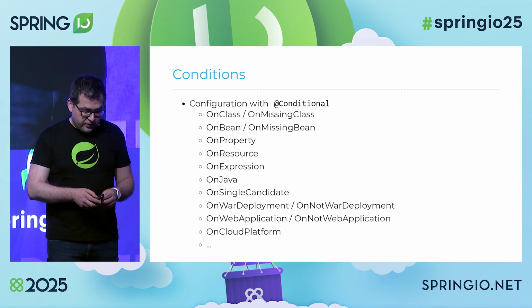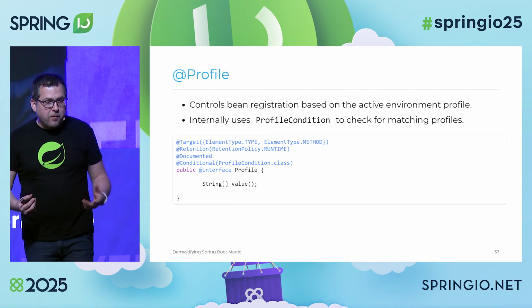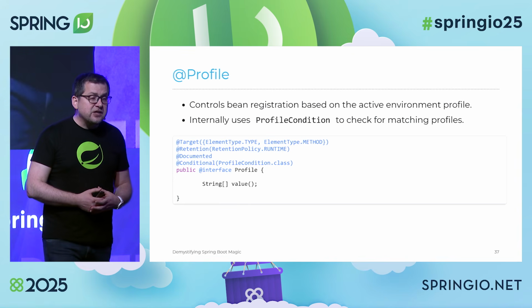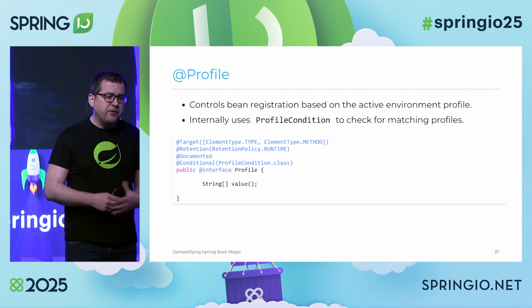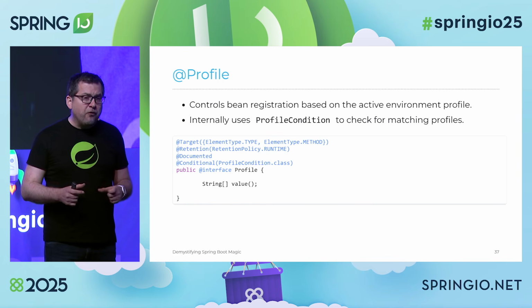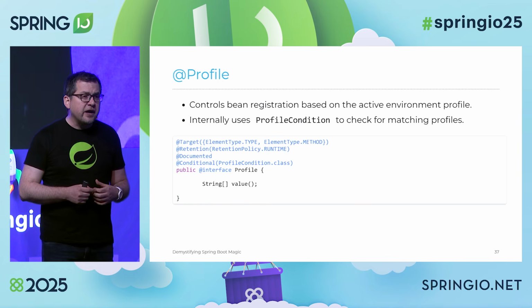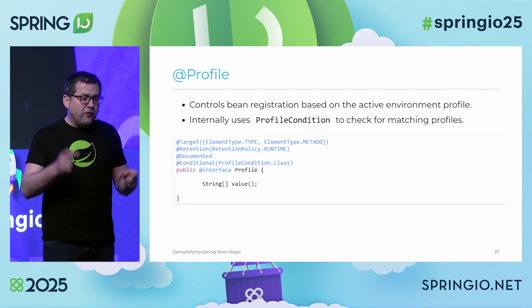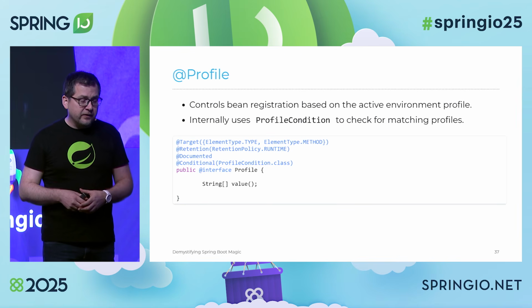It's not that difficult. So just to show you one example you probably are all familiar with, it's the @Profile annotation. Profile is nothing else than a specific implementation of a conditional annotation, which just checks if a specific profile is actually there. So in the profile condition class, you would see that the profile specified is part of the profile selected when your application started, right?